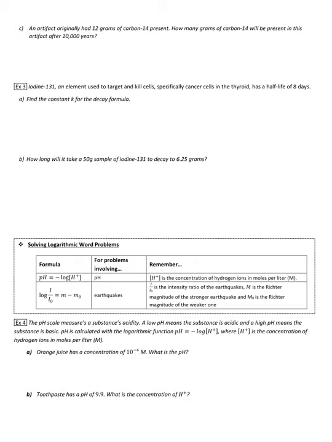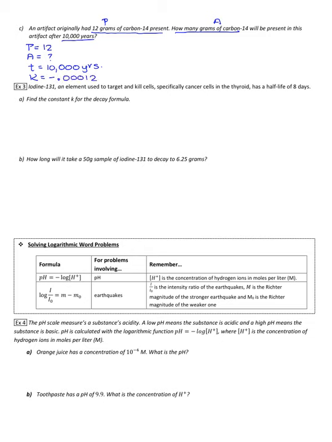So continuing with the same vein, we have now an artifact that originally had 12 grams of carbon-14 present, so that's its original amount. How many grams are left when the artifact is 10,000 years old? So the original amount is 12 grams. The final amount is what we want to know when T is 10,000 years, and because it's carbon-14, we're using the same K. So 0.00012.